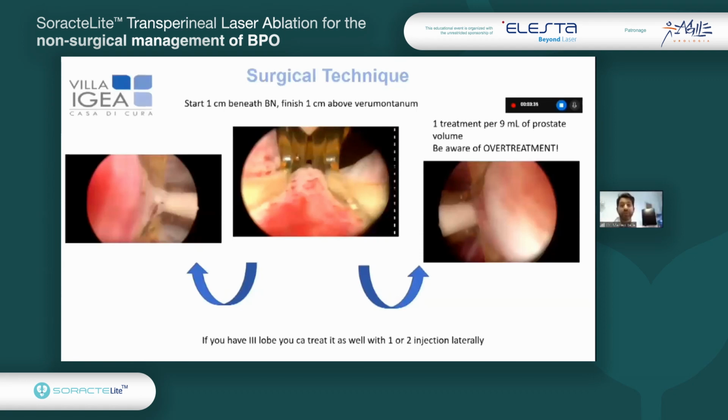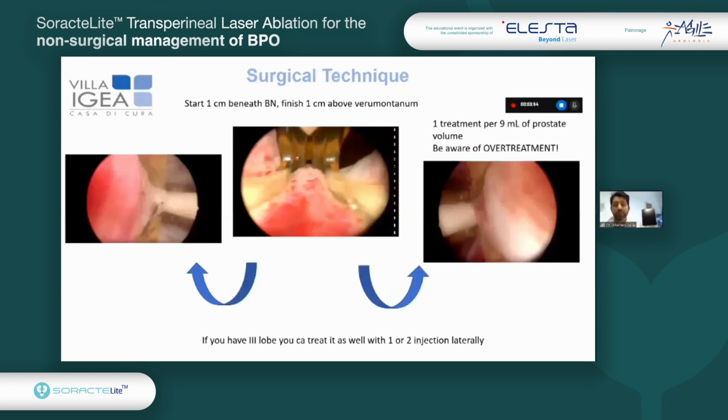So it's a simple equation: if we have 60 of prostate volume, you should do 6 injections. If you have 55 and so on. That's quite simple to remember.